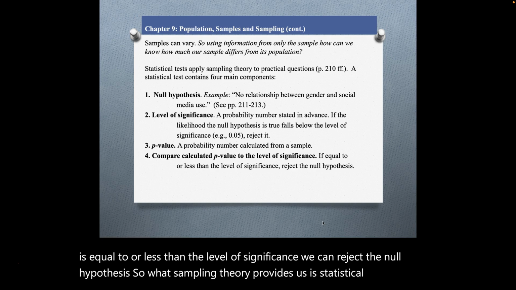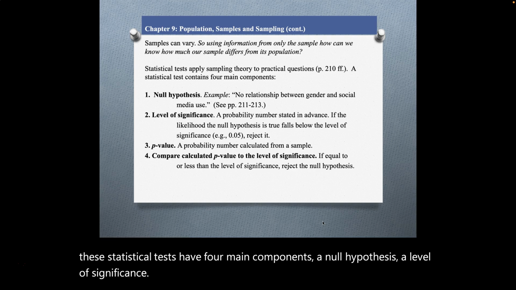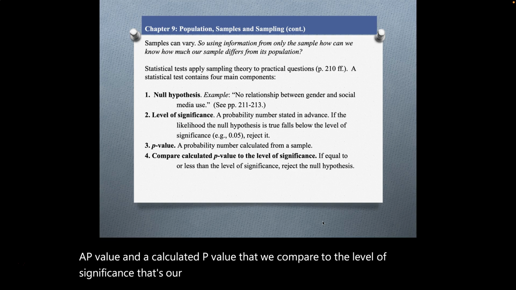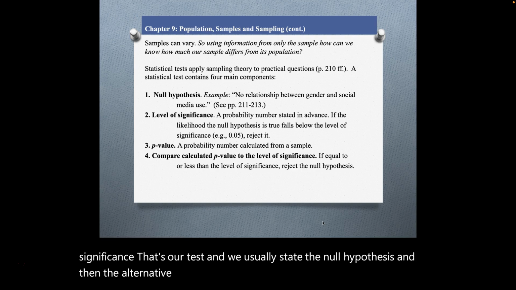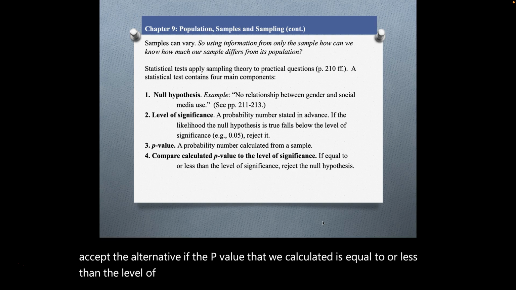These tests have four main components: a null hypothesis, a level of significance, a p-value, and a calculated p-value that we compare to the level of significance. We usually state the null hypothesis and then the alternative hypothesis. We can reject the null and accept the alternative if the p-value we calculated is equal to or less than the level of significance.